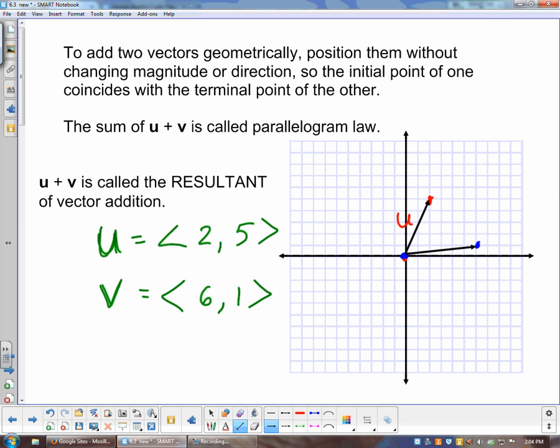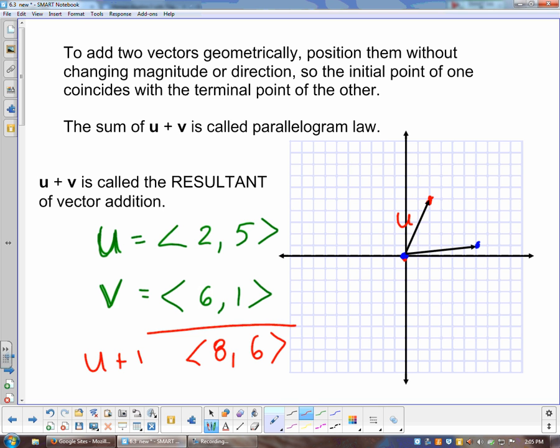There's (6, 1). But to add these vectors, u plus v, I'm sure that you could figure out how to add them, just adding the x coordinates, 8, and adding the y coordinates, 6, and we'll get the sum of the vector u plus v, boldface, would be (8, 6). But how can we get that geometrically?